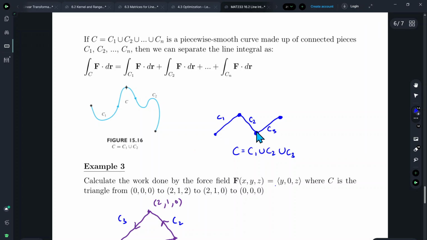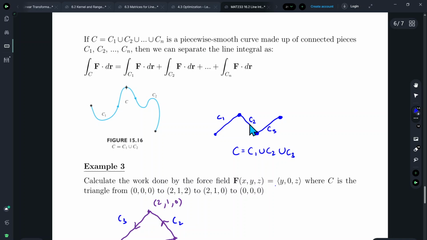So this is what we mean by piecewise smooth. Each individual line segment is smooth. However, here we have a corner, and here we have a corner, so it's not differentiable at the corners. In a situation where a curve is made up of several connected components like this, we can separate a line integral.